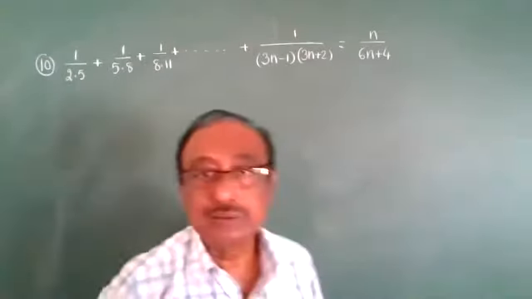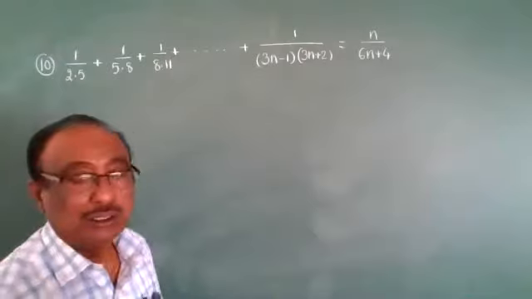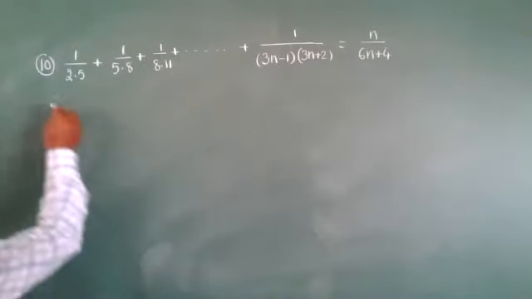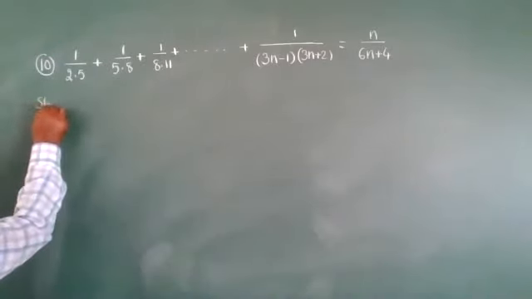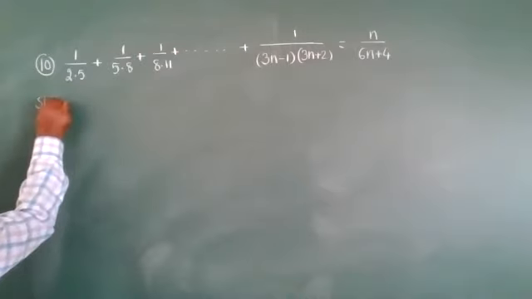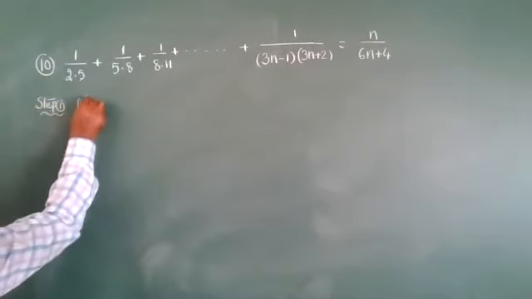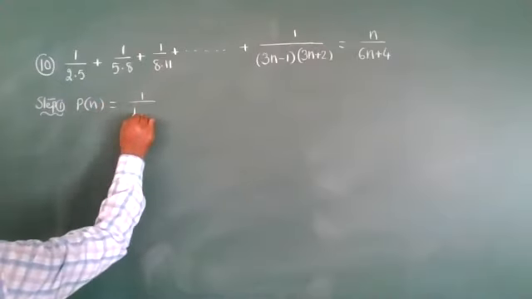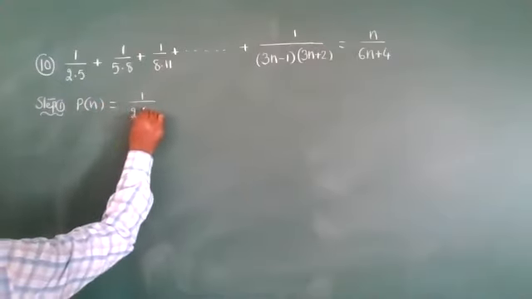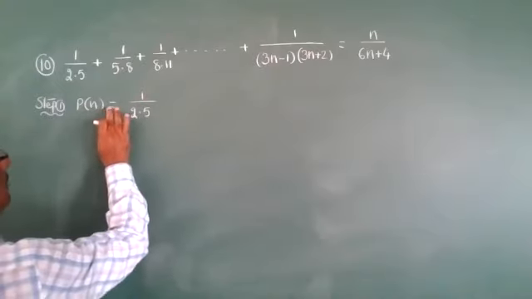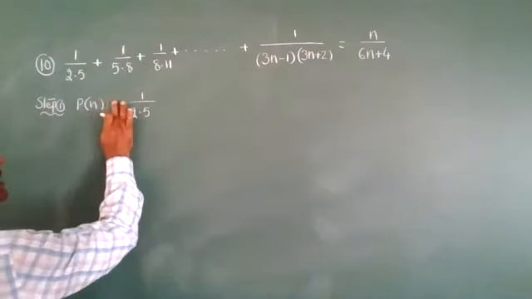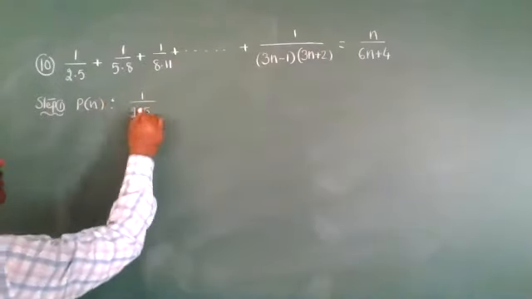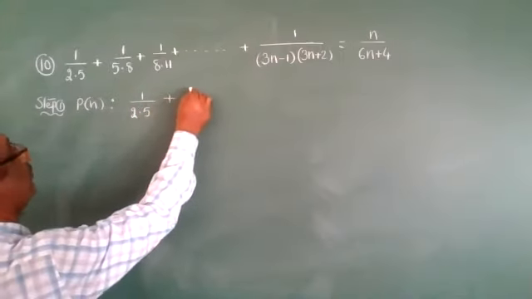Step 1: write down principle of n numbers. What are the n numbers? First number is 1 by 2 into 5.